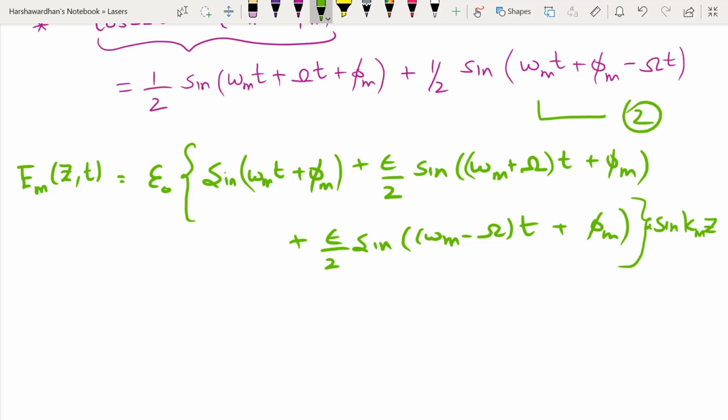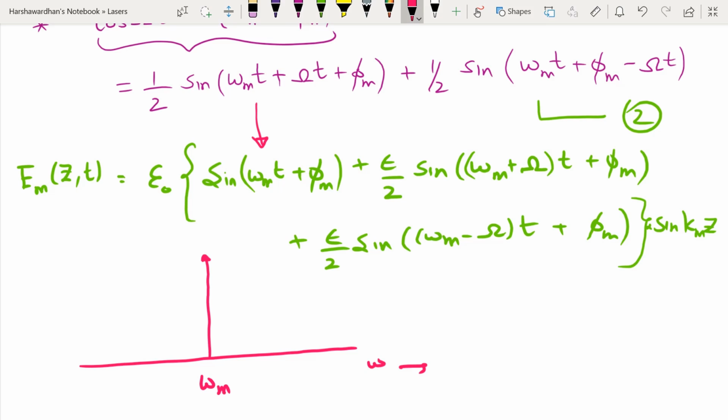So let's look at it pictorially. What I would see in my frequency space is this sinusoidal wave at omega m frequency. Let me call that omega m. I have got another term shifted at a frequency omega m plus capital Omega, and you have another term here, omega m minus Omega.